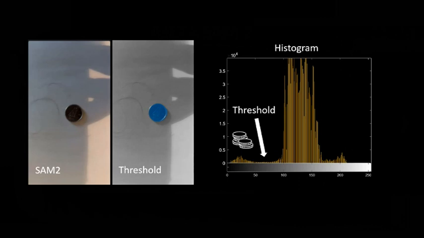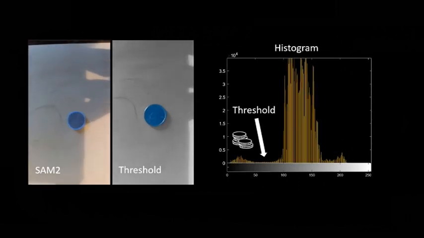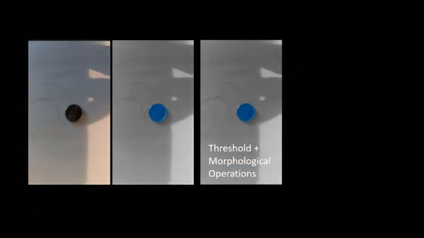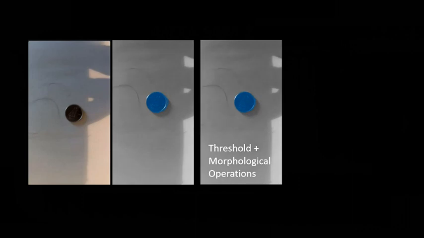And as we can see, a simple threshold can do the segmentation quite well. Note for this particular frame how the threshold technique is missing some parts within the coin. This missing section within the coin can be easily corrected by morphological operations, making it still very fast.